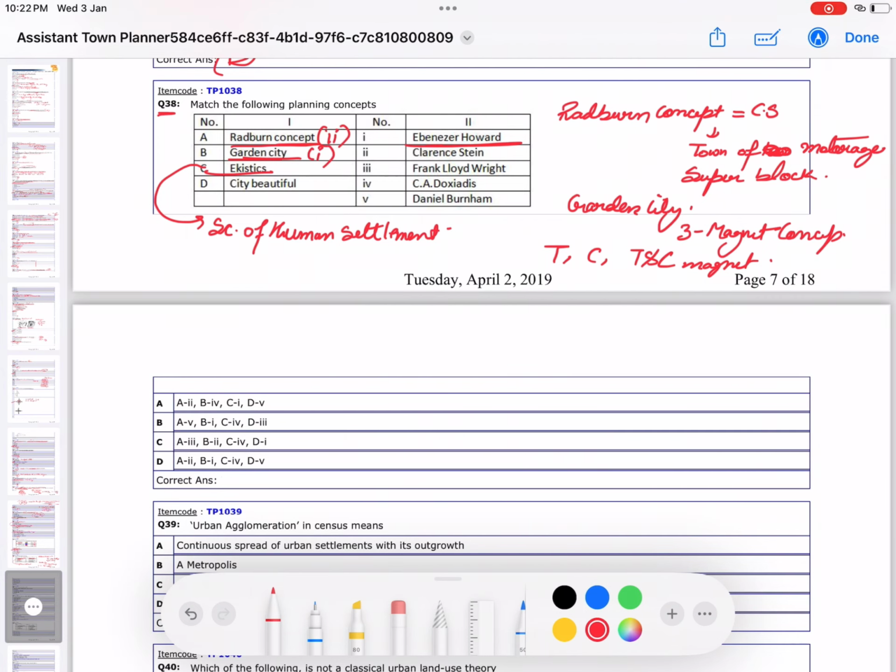Ekistics is given by Doxiadis, and City Beautiful is given by Daniel Burnham. So the best match answer here is D.